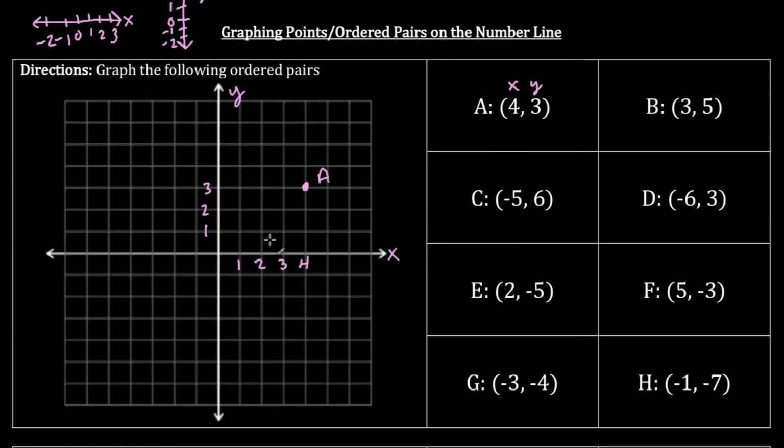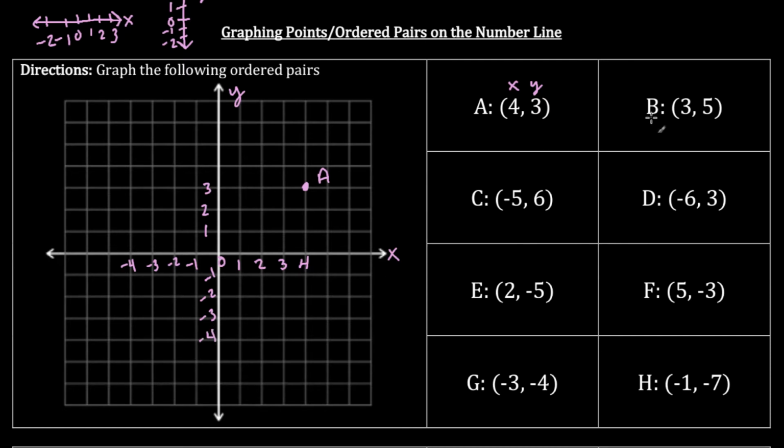So before we even start, you can see that it's going to be a lot easier if I put some of these in. Some of these numbers are labels. So if this is 0, 1, 2, 3, 4, then this is -1, -2, -3, -4. This is 0, then my y-axis, 1, 2, 3, this would be -1, -2, -3, -4.